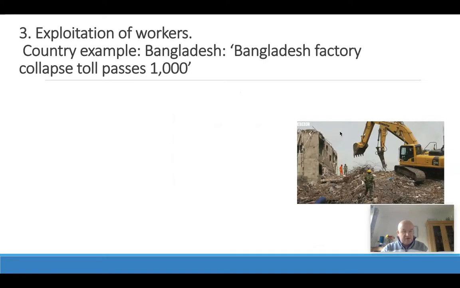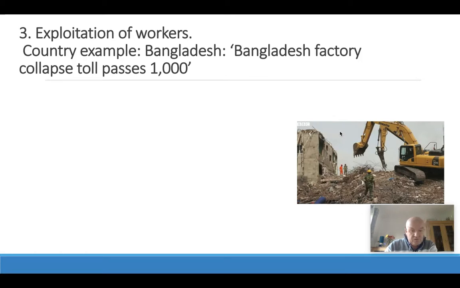Let's take a look at the next one, then: exploitation of workers. In this instance, the country example is Bangladesh, and I'm sure you may remember this back in, I think it was about 10 years ago, 2013. One of the largest garment industries in the world, Bangladesh.